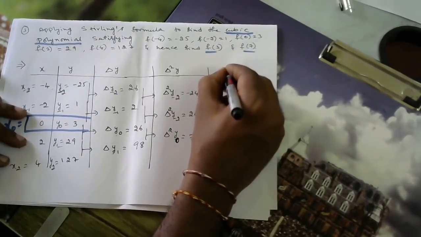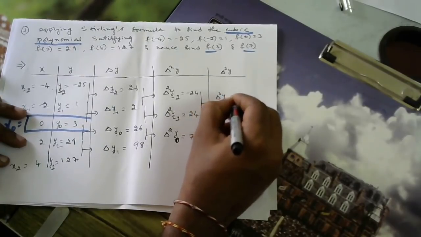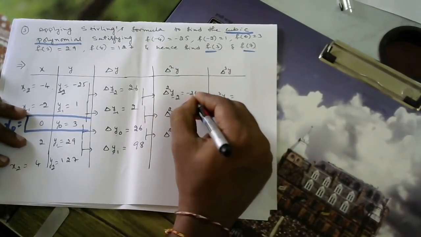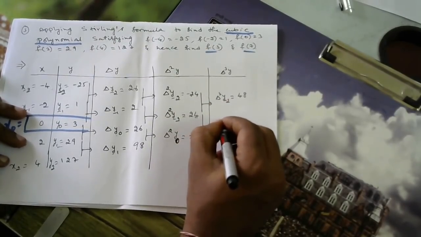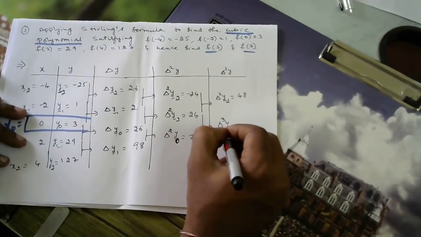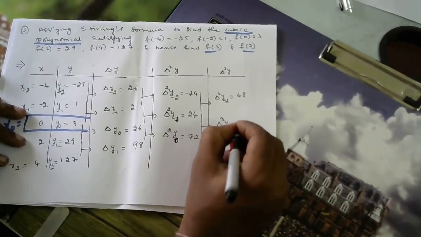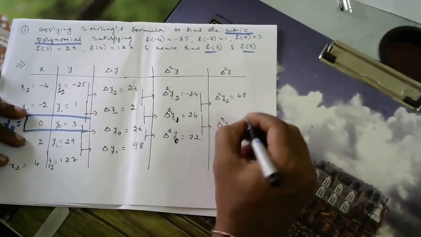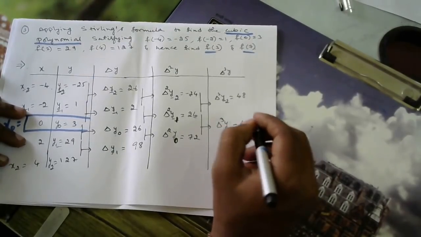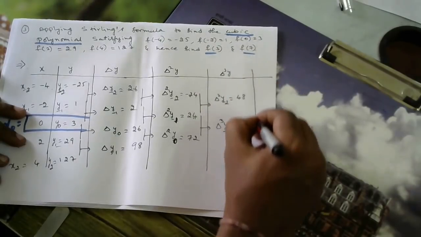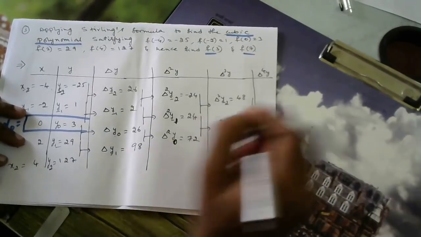Then delta cube y suffix minus 2 is 24 minus of minus 24, which is 48, and delta cube y suffix minus 1 is 72 minus 24, which is 48. The last difference, delta to the power 4 y, is 0.